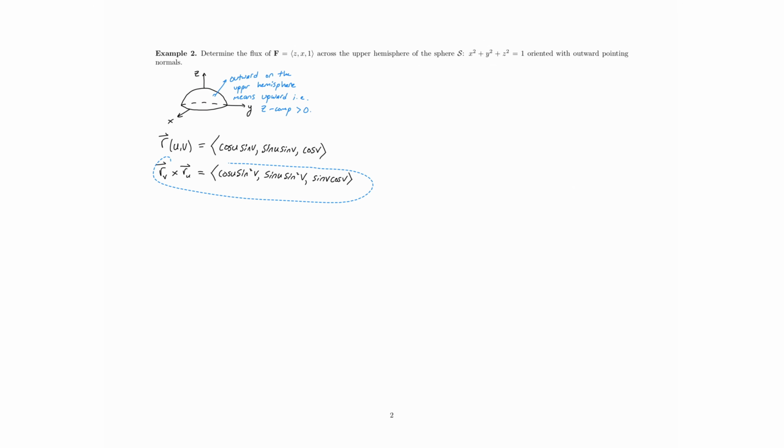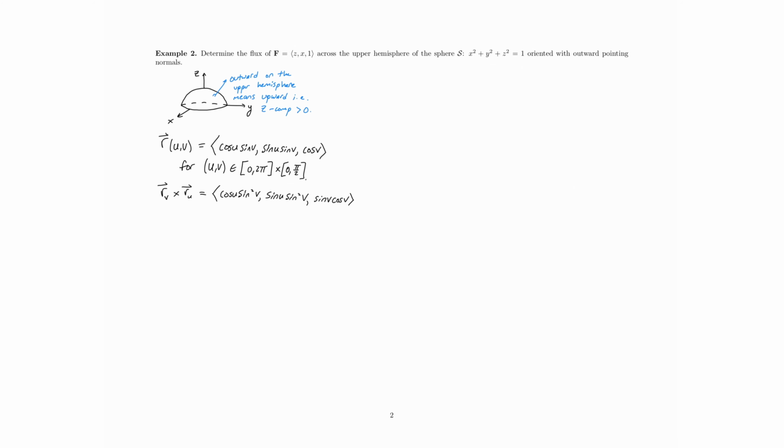Let's drop this down and just say we're going to define this for points u, v, with u between 0 and 2 pi, and v between 0 and pi over 2. So v being between 0 and pi over 2, that's a first quadrant angle. This is positive times positive, which is positive.